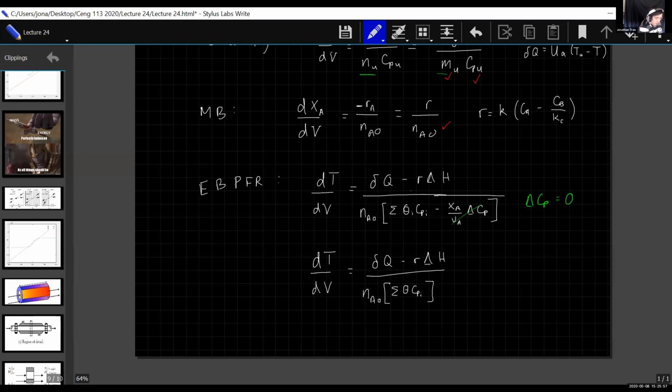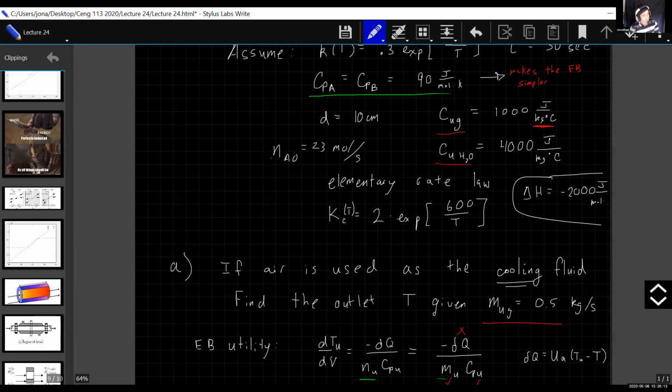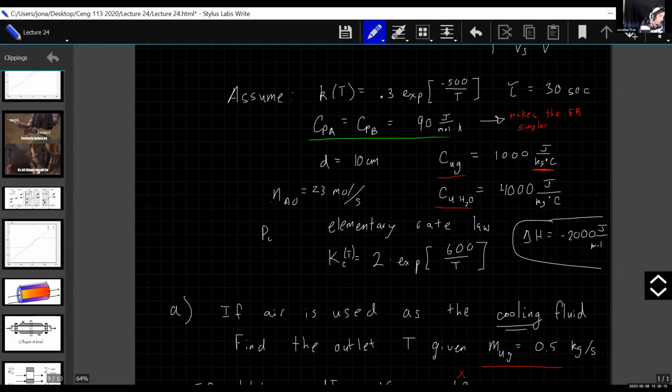So the definition of theta is equal to Ni over NA naught. And in this case, we only have A coming in, which I think I forgot to specify here. So pure A inlet.